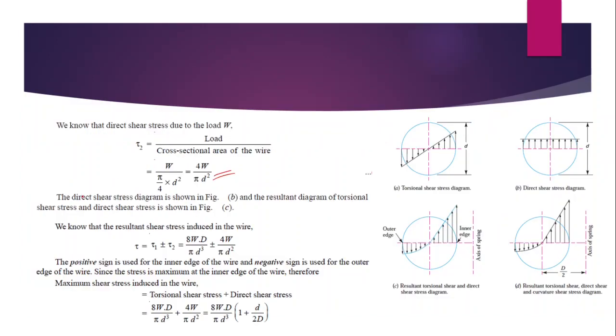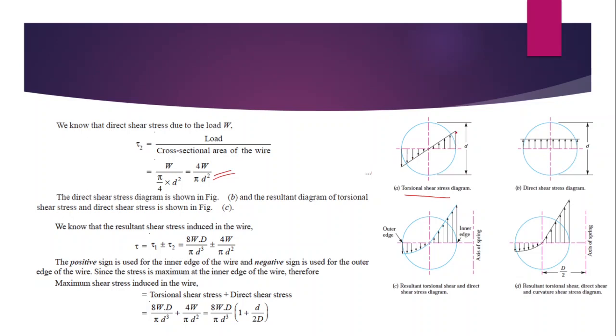Then the direct shear stress diagram is shown in the figure. This is the torsional shear stress diagram. At the outermost point of the cross-sectional area of the wire, there is a maximum torsional shear stress, and at the opposite end there is a torsional shear stress in the opposite direction.